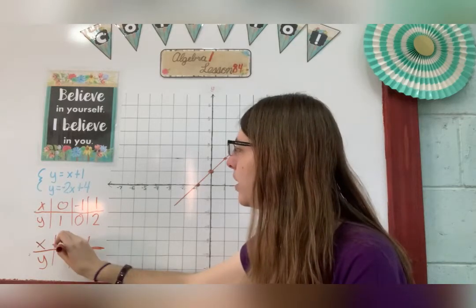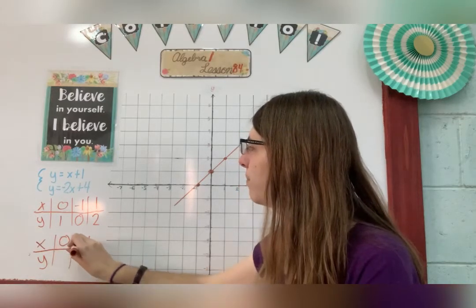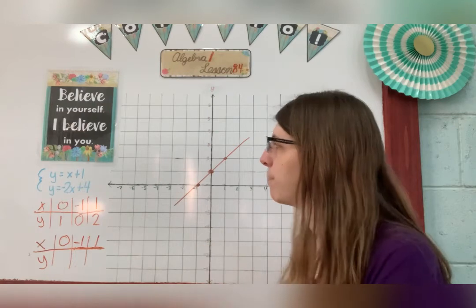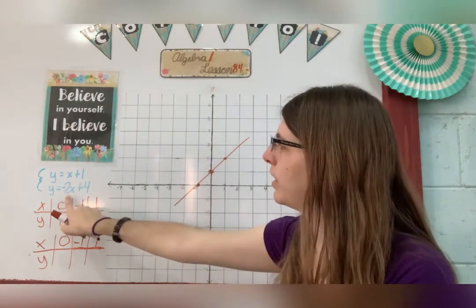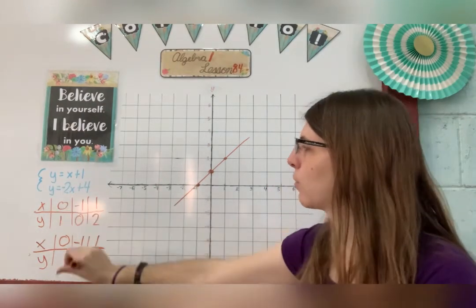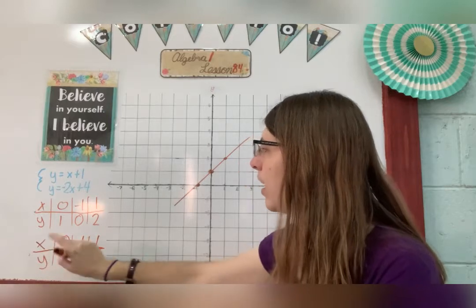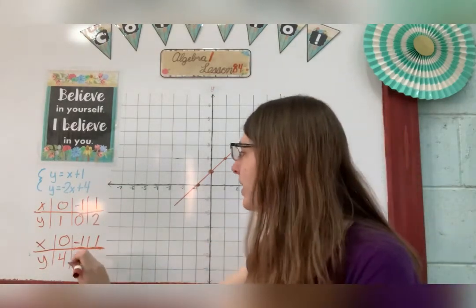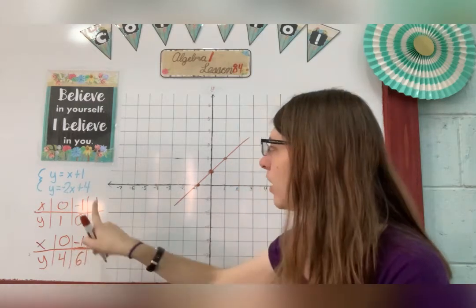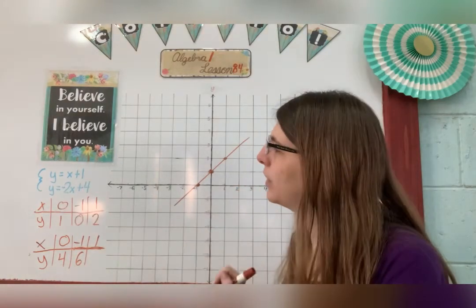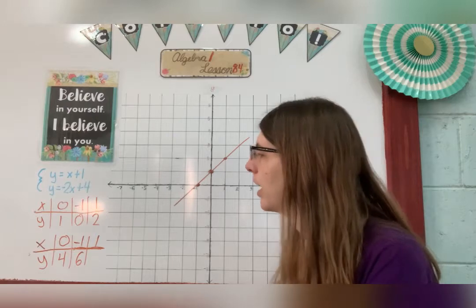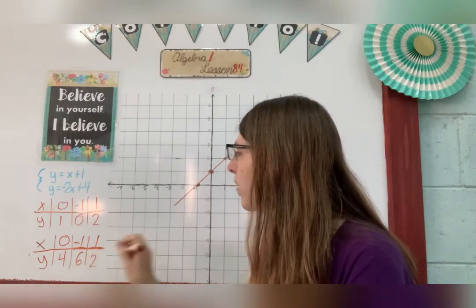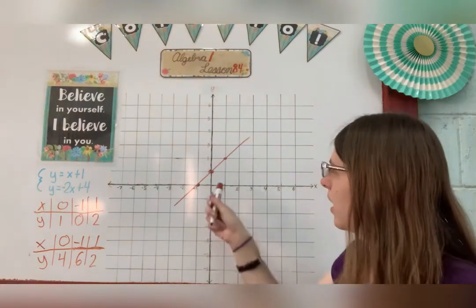So I'm going to do the same. I'm going to do 0, negative 1, and 1. Okay, so 0 times negative 2 is 0, plus 4 is 4. Negative 1 times negative 2 would be positive 2, plus 4 is 6. 1 times negative 2 is negative 2, plus 4 is positive 2. Okay, plot those points.